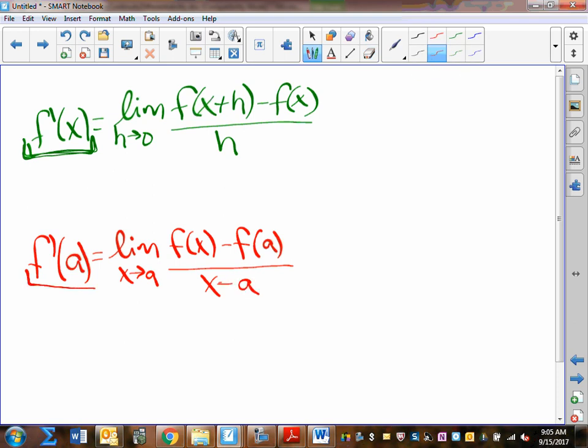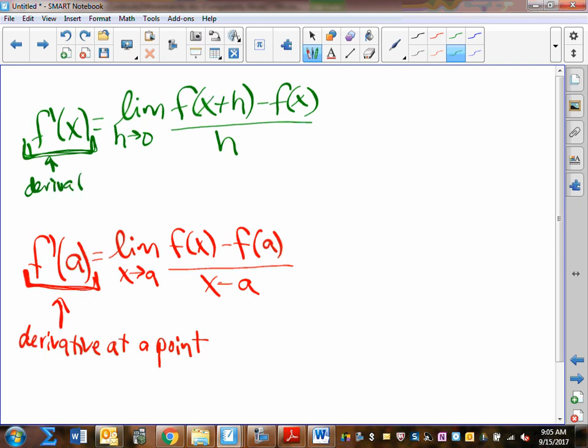And again, this means the derivative, but notice here it's the derivative at a specific value. So this is talking about the derivative at a point, whereas the other one will give you the derivative of the entire function. But again, we can use them interchangeably.